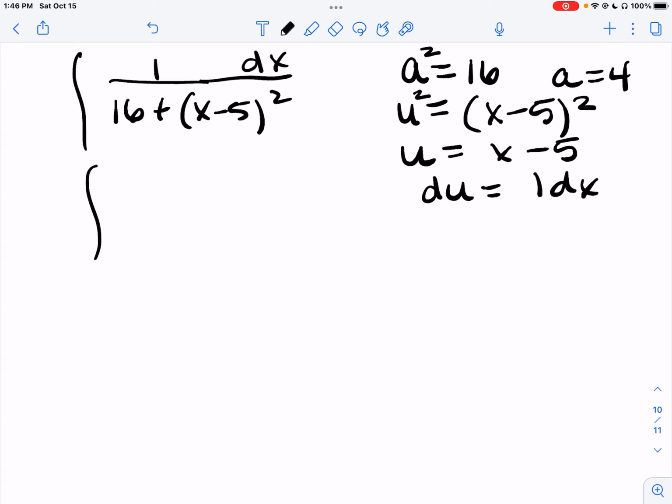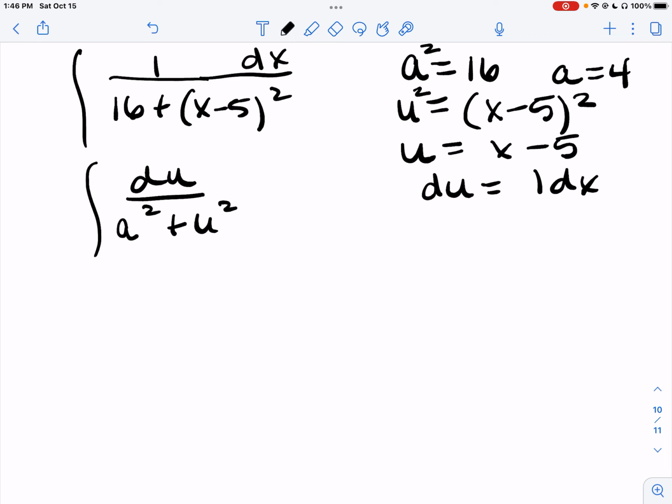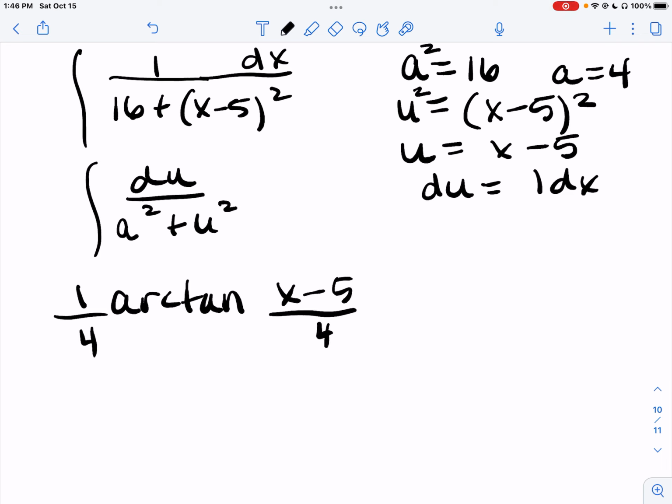So we have in the form du, a squared plus u squared. And that integral is 1 over a, so 1 over 4, arctan of u over a and plus c.